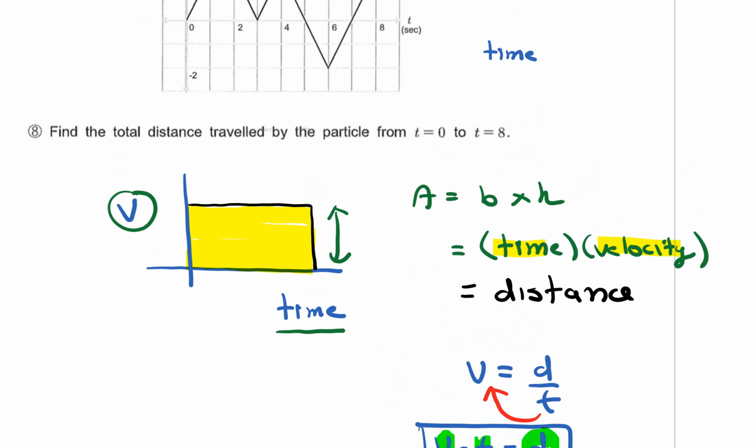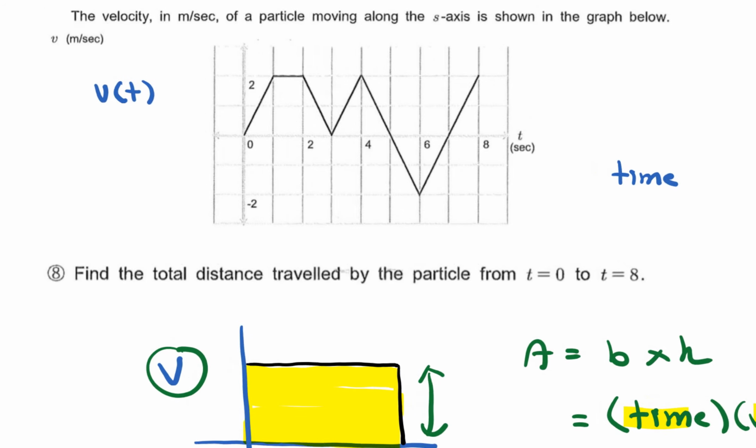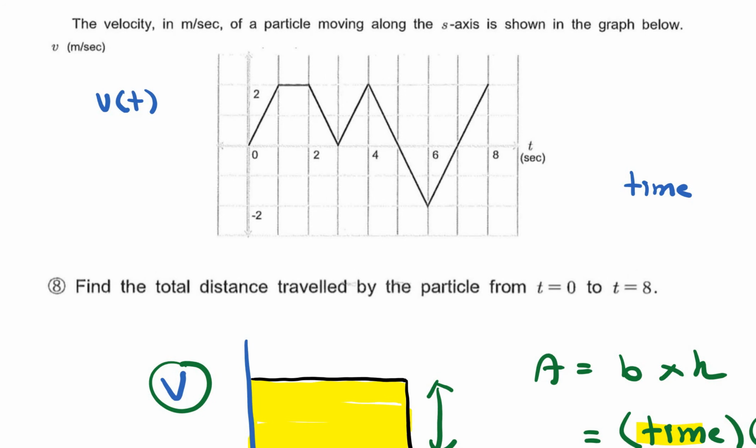Okay, so if I want to find the total distance traveled by the particle from 0 to 8 seconds, I'm just calculating the area underneath the curve. Okay, so that's not too bad, right? So let's take a look at this region right here, which is a triangle. So base times height, so the base is 1, the height is 2, base times height is 2, divided by 2 is 1. So this area is going to be 1.